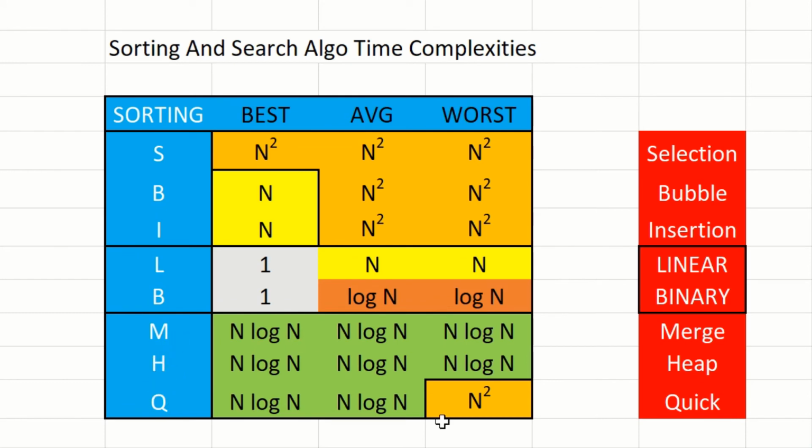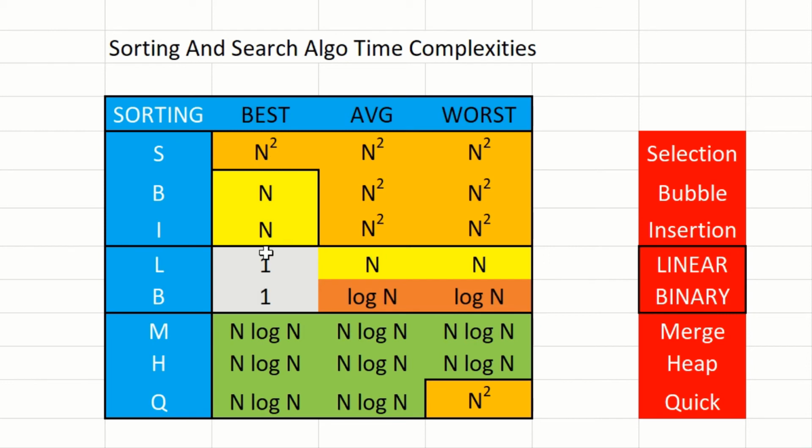It will be somewhat difficult. Remember this way: n squares, and the last one also n squared. Here all are n log n. Here n, n log n, 1, 1. Here LB. Most of the time, the question asked in ECET will be n square only.